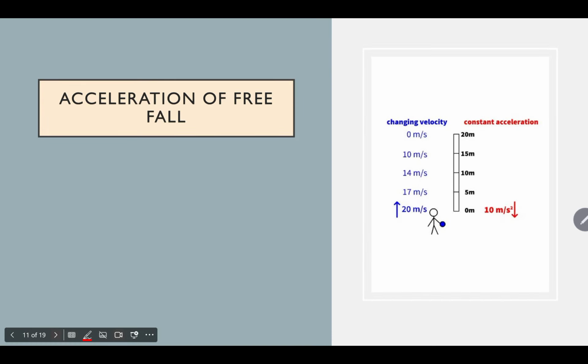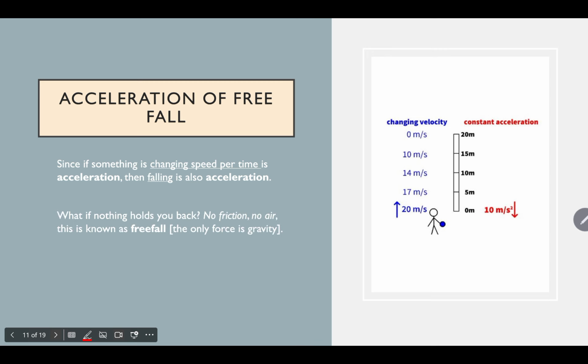Before we move on to an example about acceleration, we need to talk about the acceleration of free fall. Since if something is changing speed per time, that is acceleration, then falling is also acceleration. What if nothing holds you back? No friction, no air resistance, nothing is holding you back.